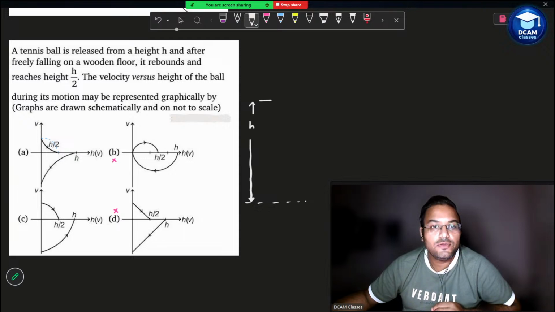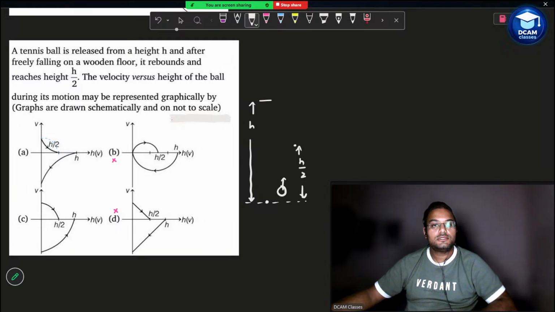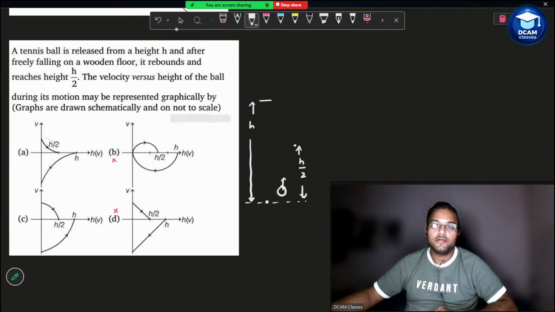After falling freely to the ground, it rebounds and reaches height h by 2. It comes down here, then again goes up and reaches the height h by 2. We need the velocity versus height of the ball.